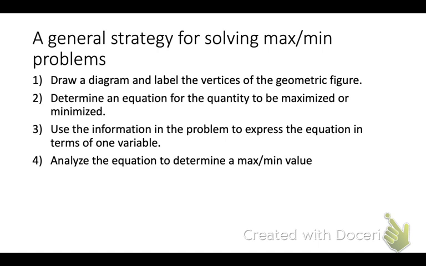So thinking back to section 2.5 when we were talking about quadratics, if I know that my quadratic is concave down, is my leading coefficient positive or negative? Negative, right? Which means I'm going to have a max. If I'm concave down, I'm going to have a max.